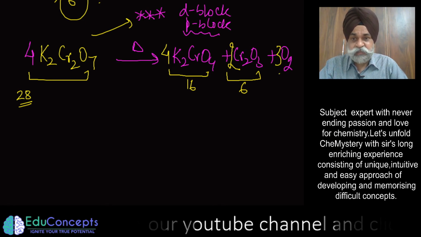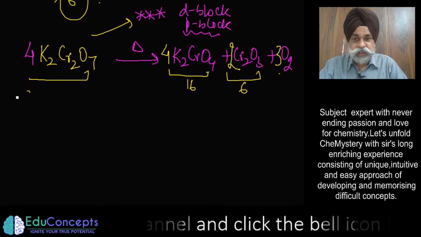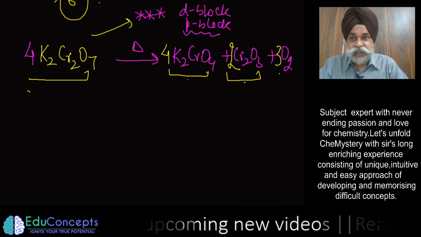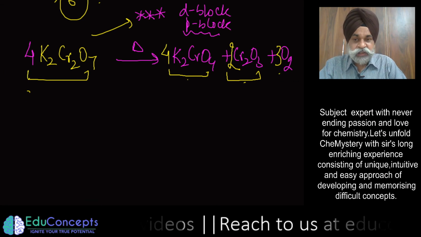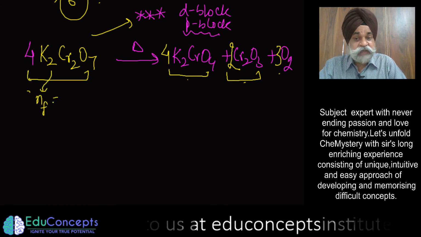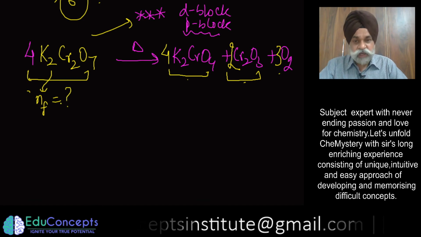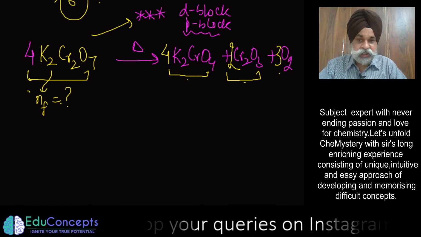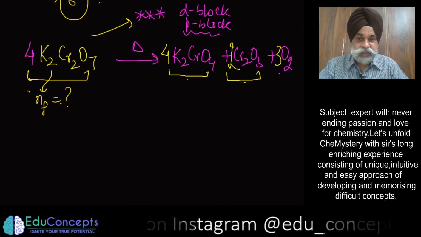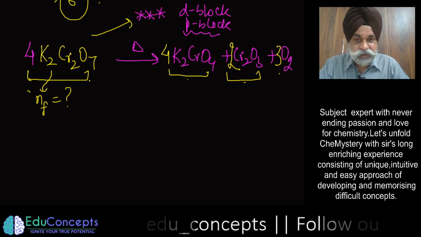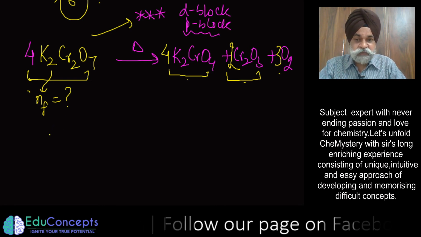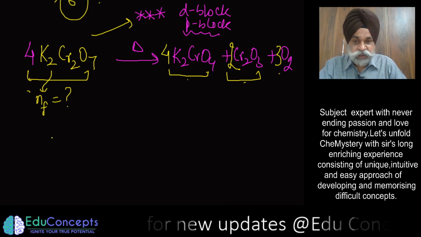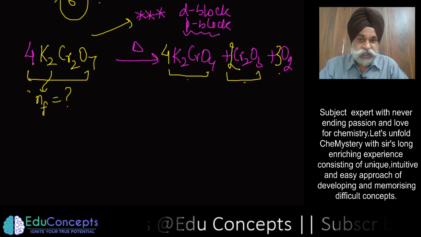Now let me write this 28, just to avoid confusion. In this particular case, we are interested to know the n factor of this compound. If somebody happened to ask you the equivalent weight of this compound in this reaction, we have to find it: equivalent weight is nothing but molar mass upon n factor. Firstly you see everything got balanced.